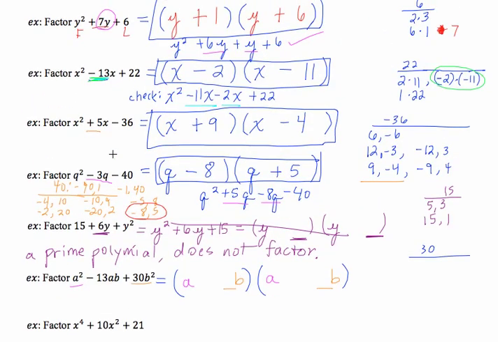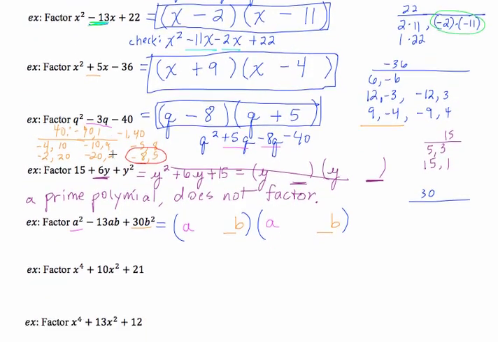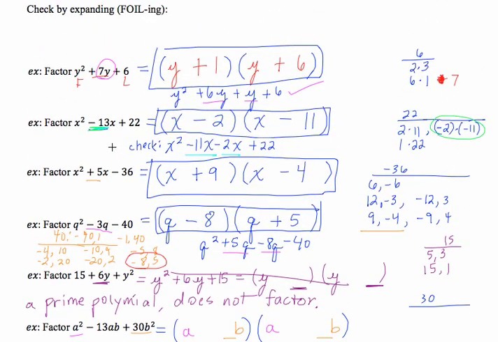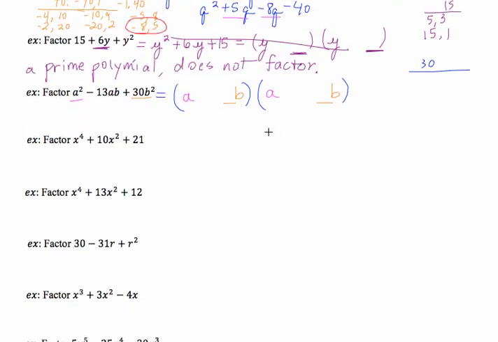That's the only way to get that, which is kind of like this one up here, x squared minus 13x plus 22. The last term was positive, but the middle term, the one with the coefficient and just x to the first power, is negative, and so both numbers had to be negative. So we already know the signs. We can go ahead and put in minus, minus.